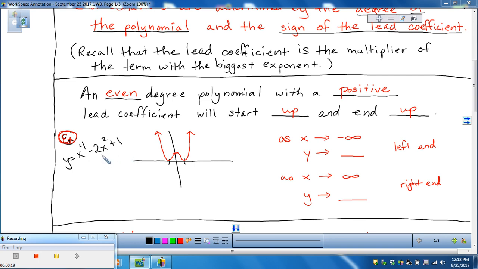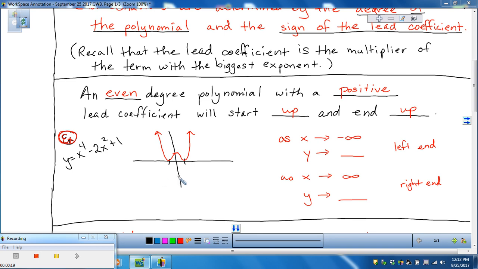You'll notice that the lead coefficient is the number in front of x to the fourth, my biggest exponent term, and 4 is an even number. The lead coefficient is the number in front of it. Well, it's a 1, so it's positive. And so we have an even degree polynomial with a positive lead coefficient, and it makes this shape if you were to graph it.